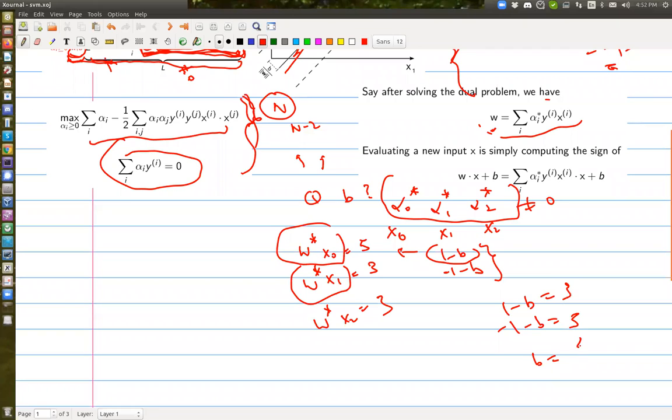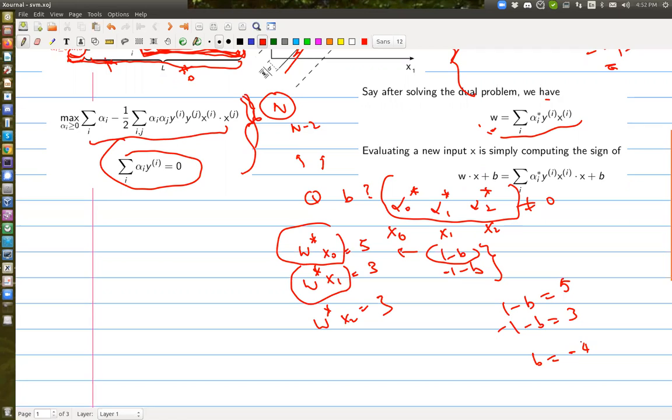So then b will be -3, right? In this case -2, right? Actually, I think that's still wrong. 5 and 3, then I will have b equal to -4, right? Yeah, I think so. Yes.